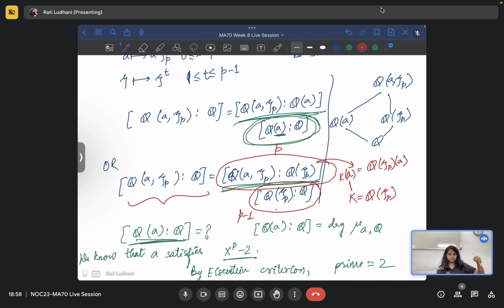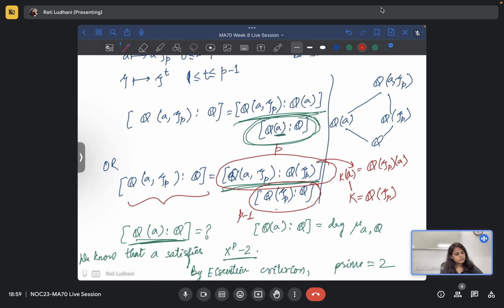For this extension, this is again a simple extension, meaning there is a primitive element, right? So K(a) over K, we just try to find what is the extension degree. That again comes from the minimal polynomial. Maybe we cannot find the minimal polynomial, but we can at least find one polynomial for which a is a root.